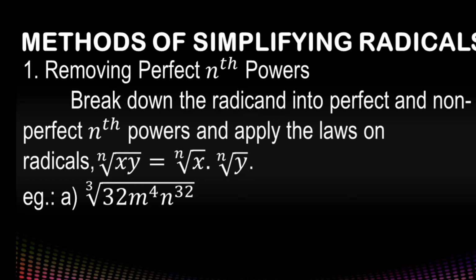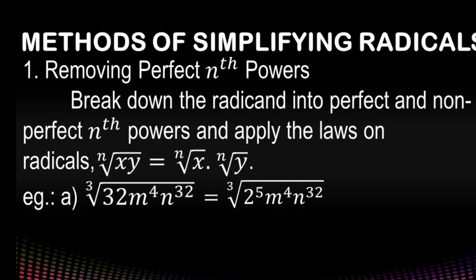nth root of y. For example, we have the cube root of 32 m raised to 4 n raised to 32. So we need to break down the radicand into perfect and non-perfect nth powers. But first, we need to write 32 as an exponential expression. So therefore, we have the cube root of 2 raised to 5 m raised to 4 n raised to 32.